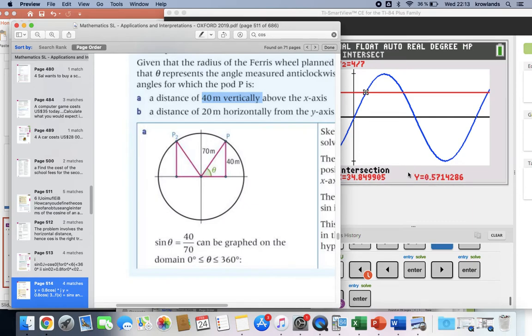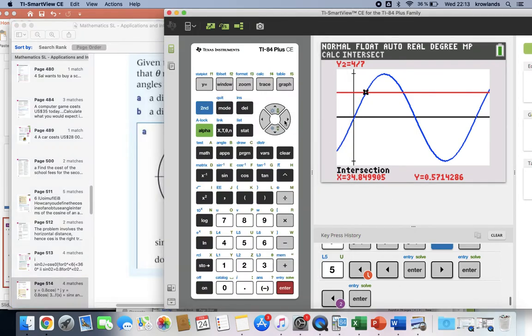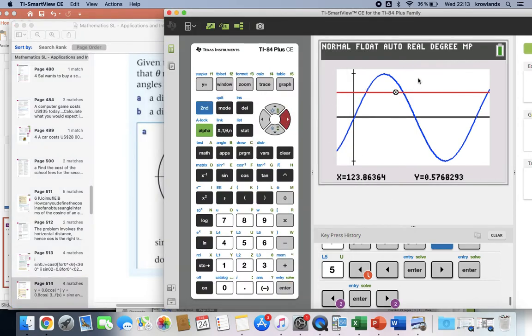Now this y value is really important, and it's linked to the relationship between the 40 and the 70. Now the other place we've got to see where it intersects is this part of the sine graph.